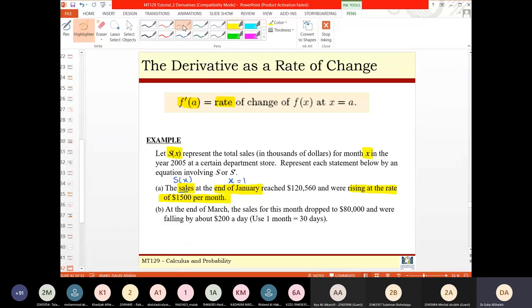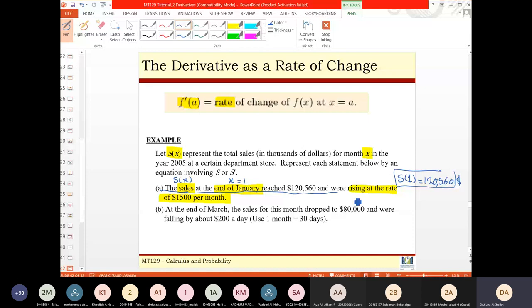So at month 1, January, how much was the sale? It was $120,560. This is the first part. So S at 1 is $120,560.